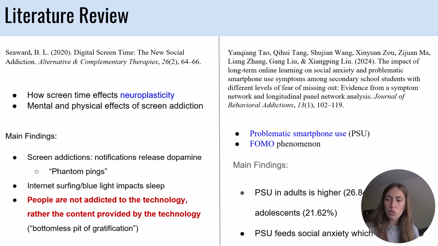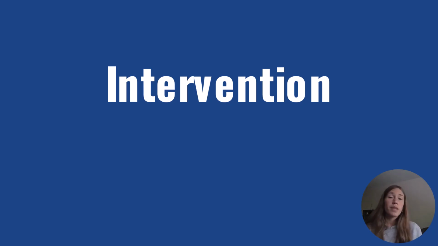So using your phone too much makes you more anxious to where you can't interact with people, but you still want to know what's going on because you do not want to miss out. So too much phone use, too much screen time makes you more anxious, which also heightens your FOMO. And all of those things can just make your academic performance go from here all the way down to here, and it can tank it very quickly.